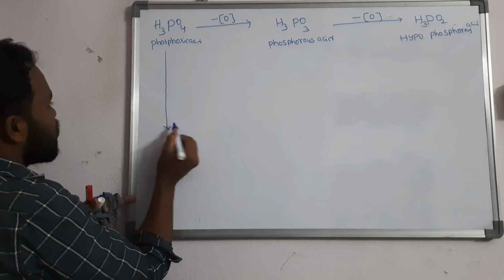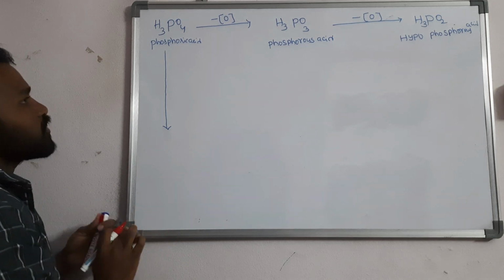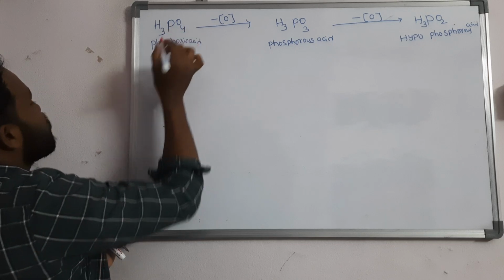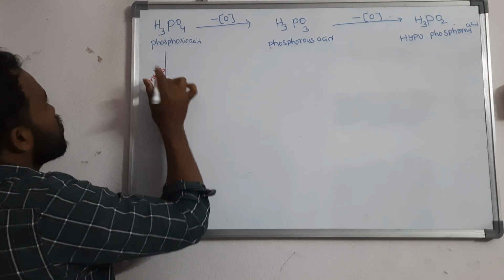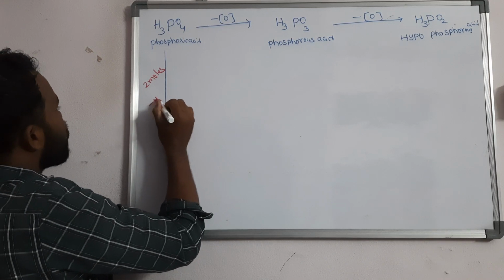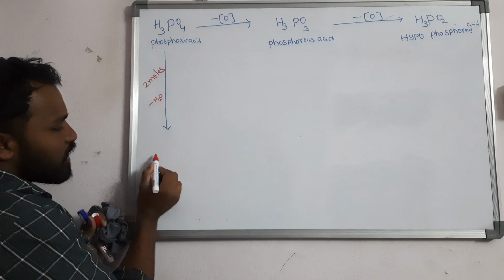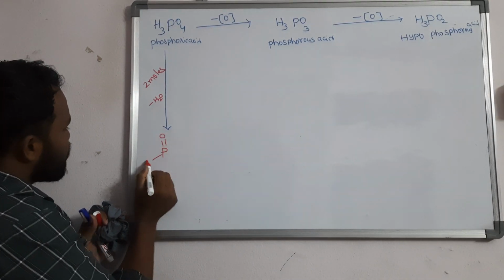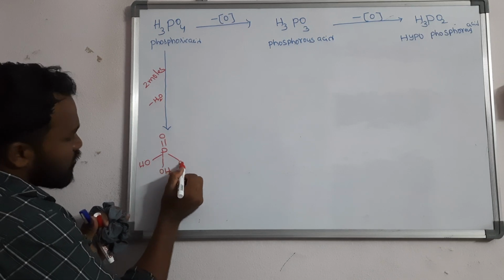So the next step, from this you should start. Next I am going to write another oxy acid, H3PO4. Take 2 moles of H3PO4 and remove 1 water. What will you get? I already discussed this. What is the structure I am going to write? P double bond O, OH, here OH, here OH, OH is there, right?